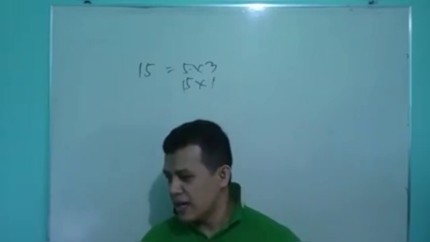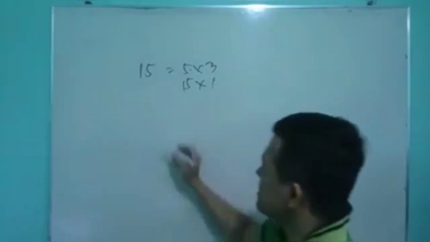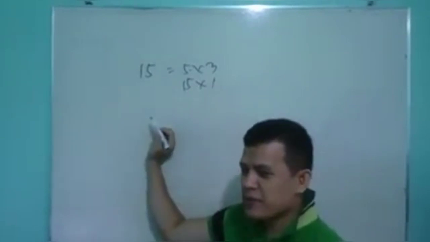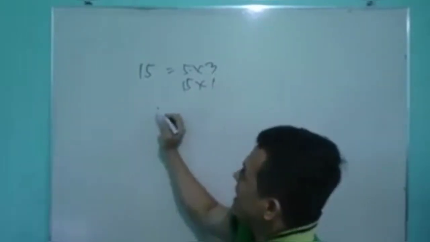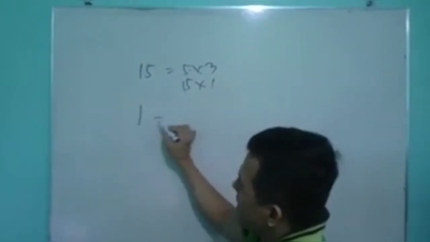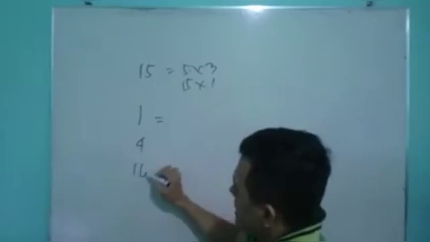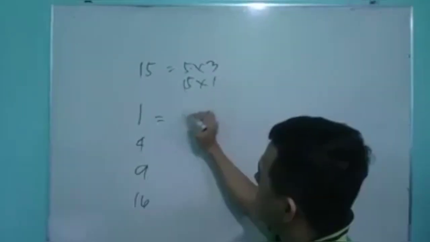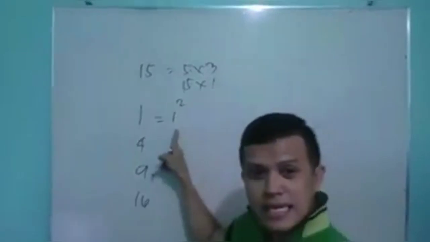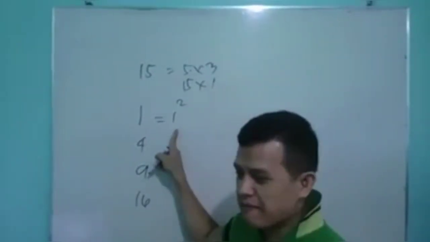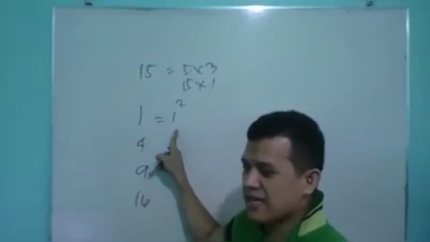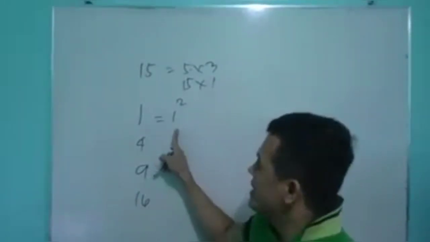Odd, I'm sorry. So what are those numbers? We can only have numbers less than 20. We have 1. We have 4. We have 9. 1 is like 1 squared, right? Distinct. There's only 1. It says here distinct factors. We have 1.